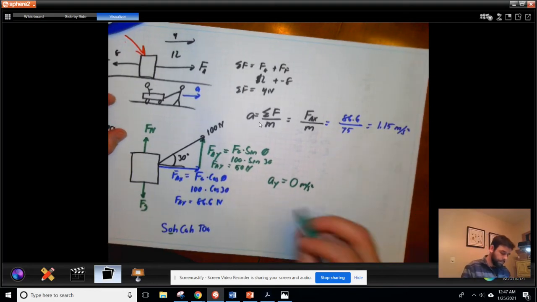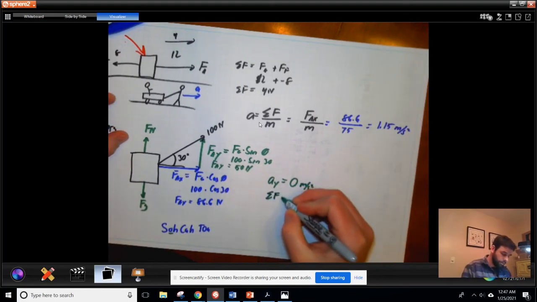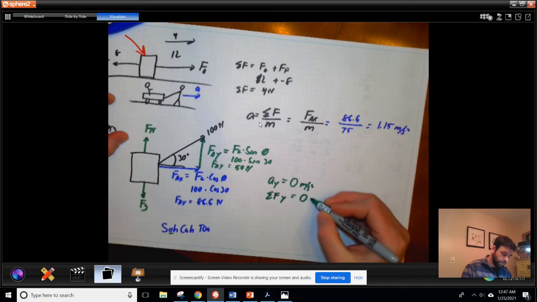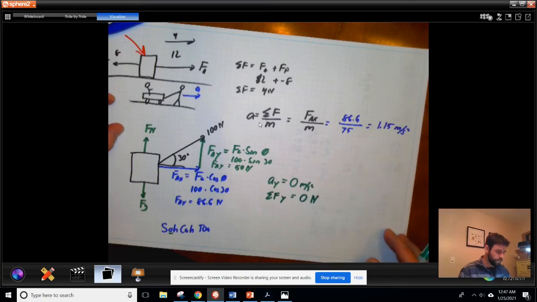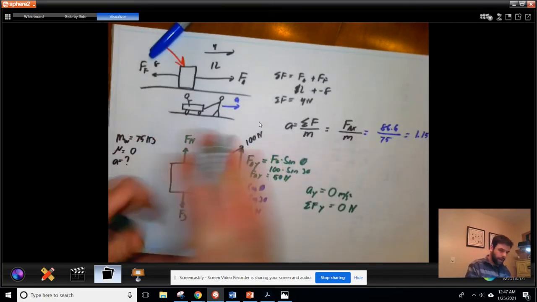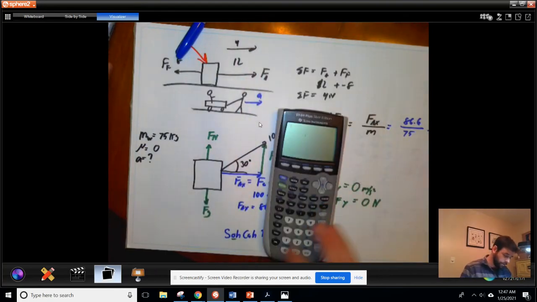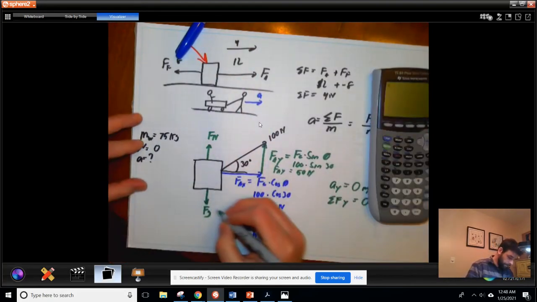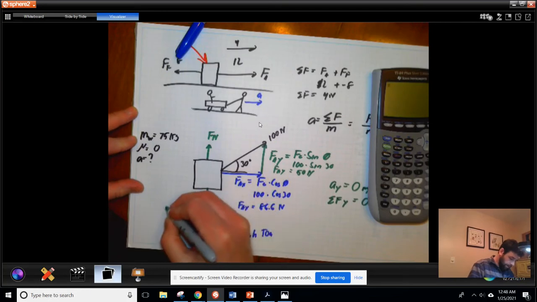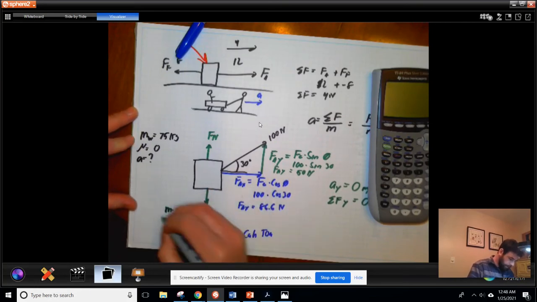So that means the net force in the y direction has to equal 0 newtons, right? Well, when the wagon was just sitting there, it had a mass of 75. It had a force of gravity of, let's figure that out. That's going to be equal to mass times gravity, right? 75 times 9.8.